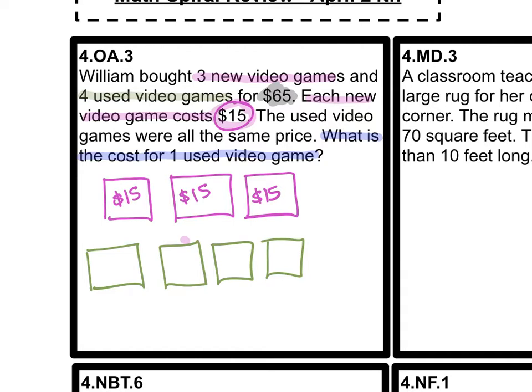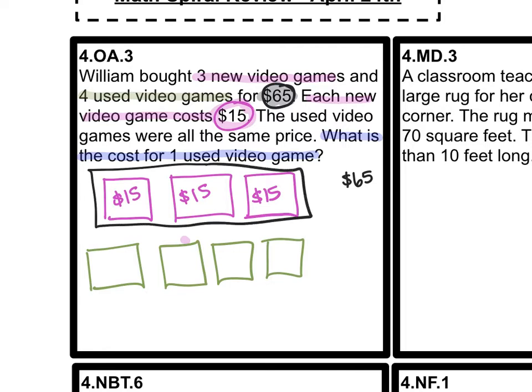So to start with solving this problem, we're going to start with our total of $65, meaning all 7 of these games together cost a total of $65. And I'm going to take away what I know for sure he spent. So I know for sure that he had to spend $15 on each of the new ones. So I'm going to add those 3 15s together for a total of $45.